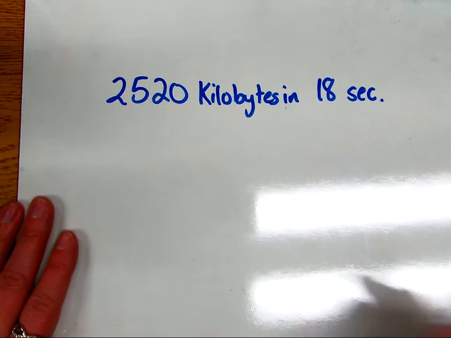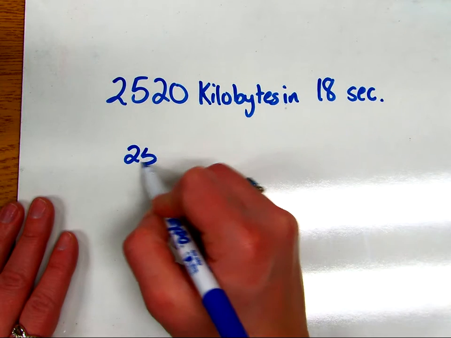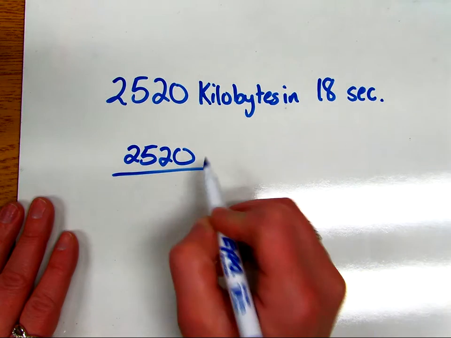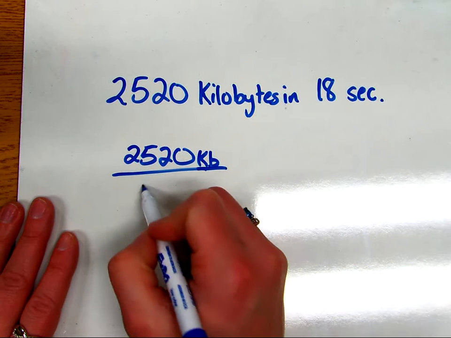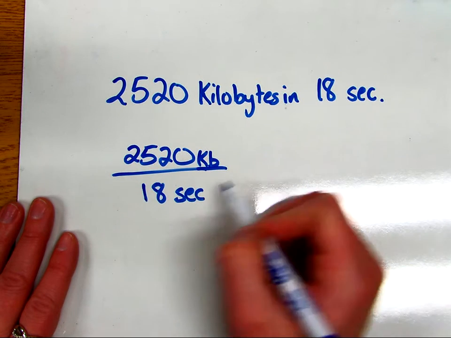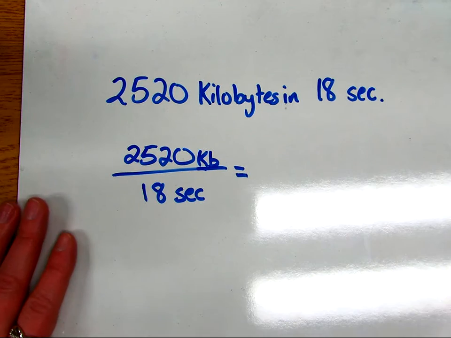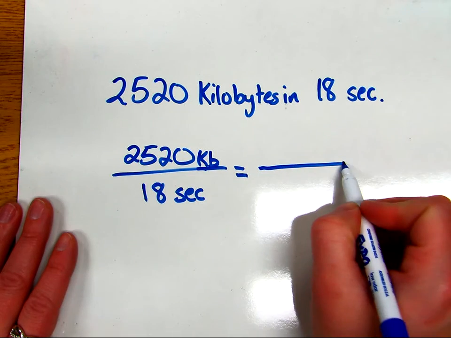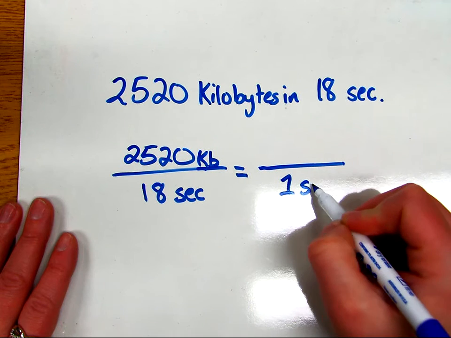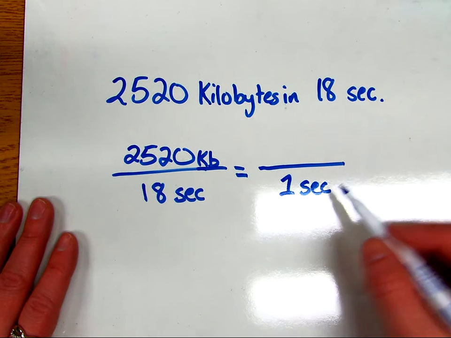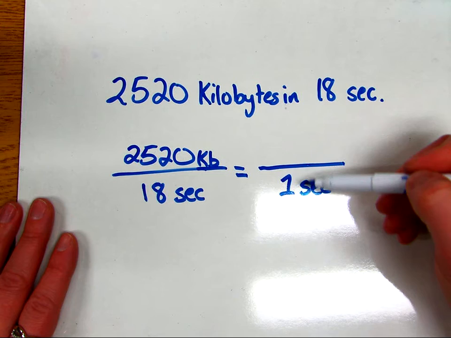Let's write it in our fraction form first, because we can always write rates and ratios just like that. Kilobytes, KB, over 18 seconds. We're going to set it equal to another ratio rate. I know that I want 1 second, and that 1 we always want to be on the bottom, because we're taking something, comparing it to 1 second.